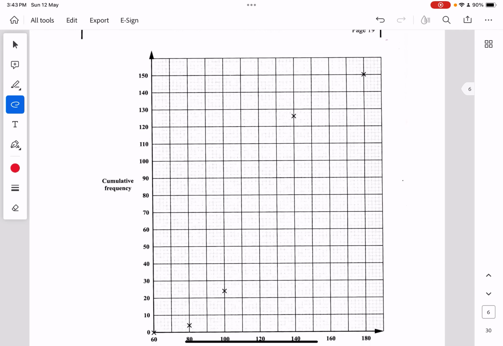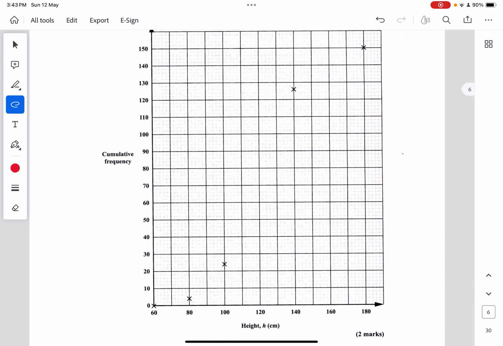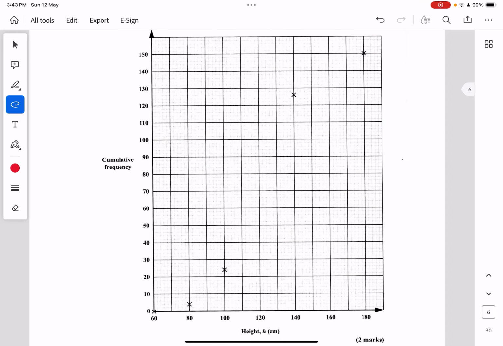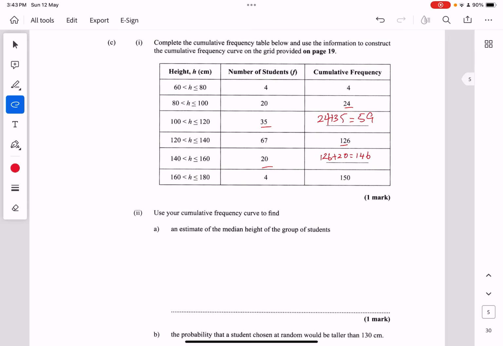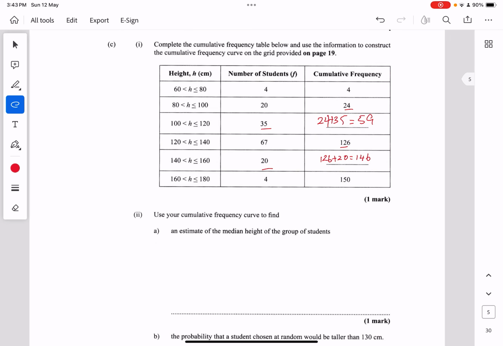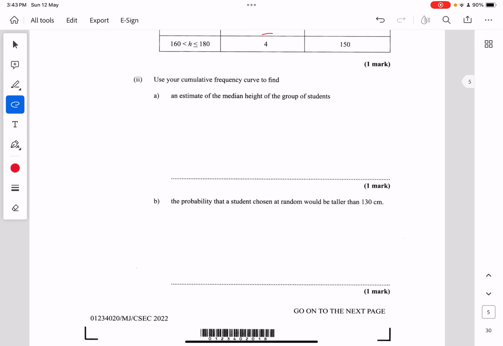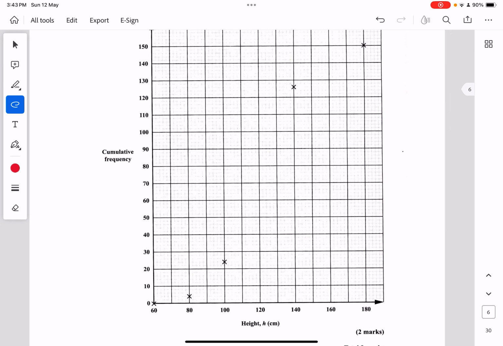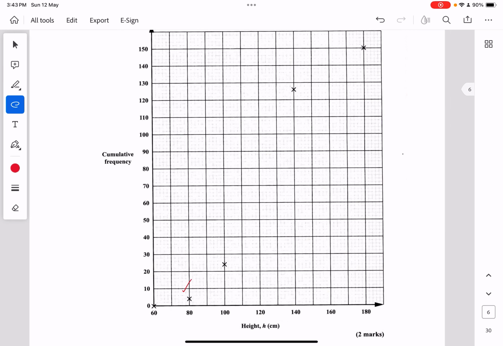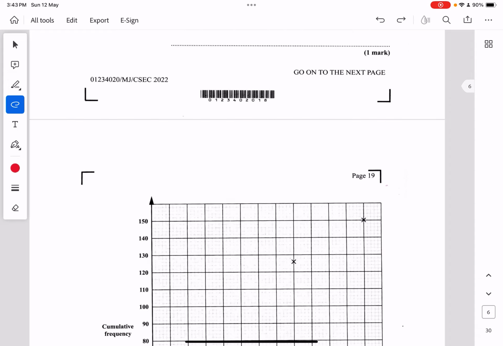Okay, so we have some of it already plotted for us. We have the first 3 points plotted. The first point is actually the origin, so that is not in the table. So this is the first point on the table, this is the second point on the table, and the third point, which we just found, we need to plot.